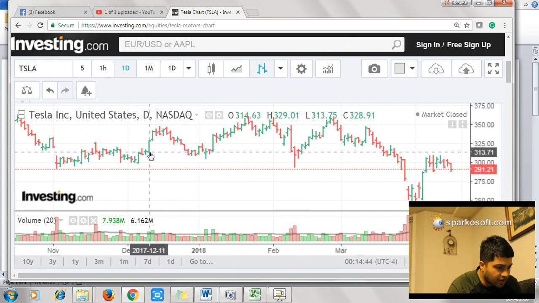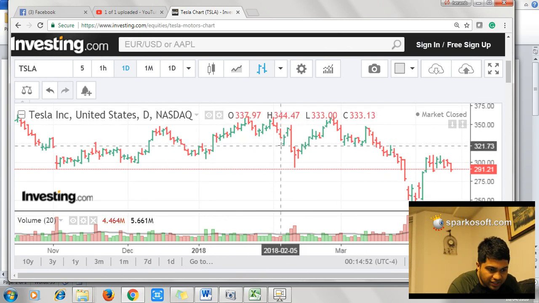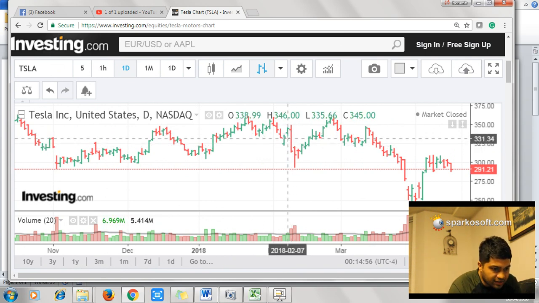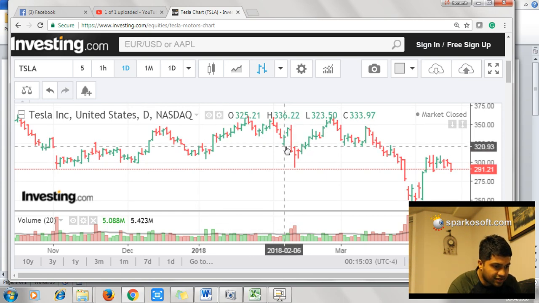Now for every bar, the left hand side, the small needle, indicates the opening price, and the right small needle indicates the closing price. Then there is a range: this is the lowest point and this is the highest point.